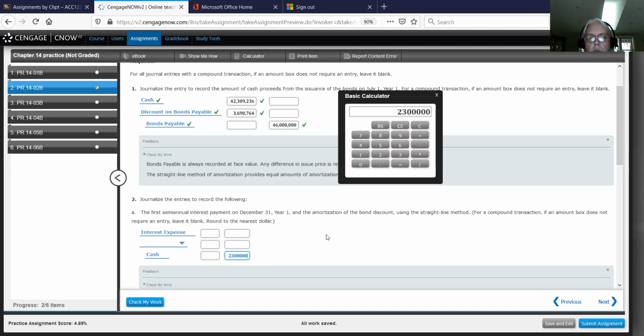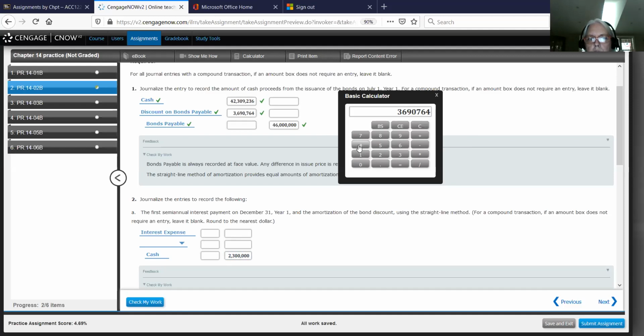Because I am also amortizing my discount, my interest expense will not just be $2,300,000 like we've got recorded here. The interest expense is going to have to be debited by the amount that I have amortized my discount. And so my discount was $3,690,764.